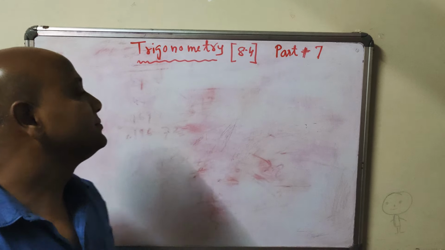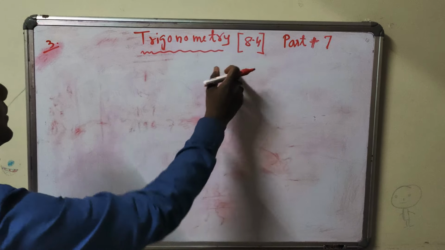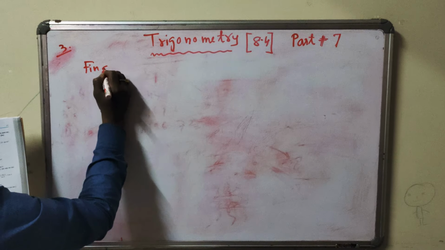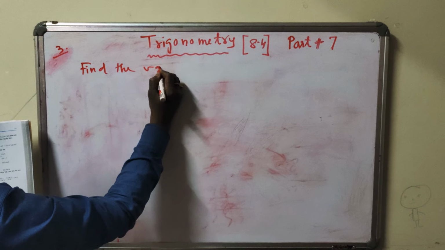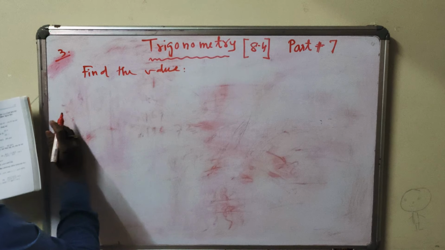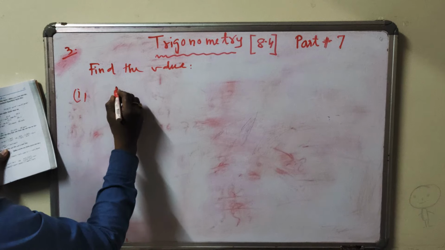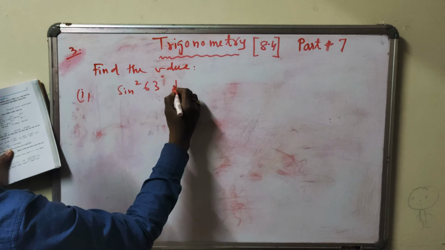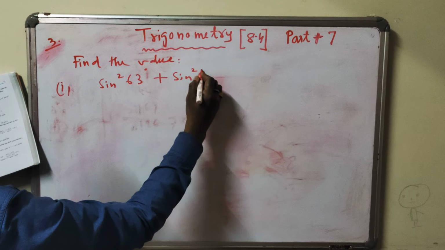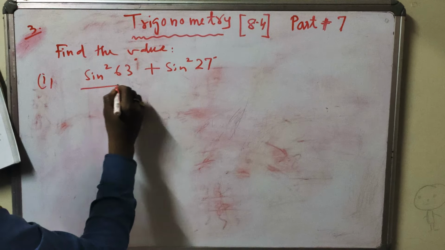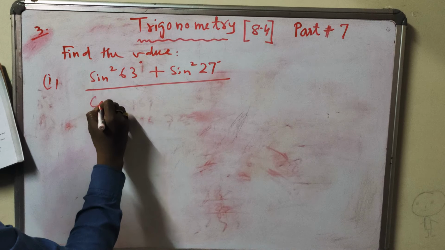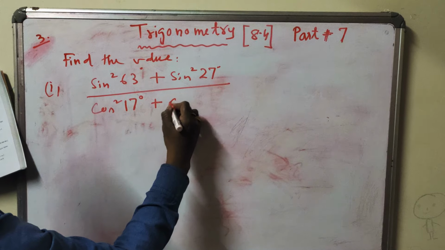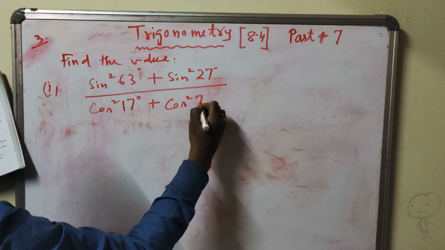Now you see in 8.4 there is a question, find the value. In question number 3, number 1 is given: sine square 63 degree plus sine square 27 degree divided by cos square 17 degree plus cos square 73 degree.